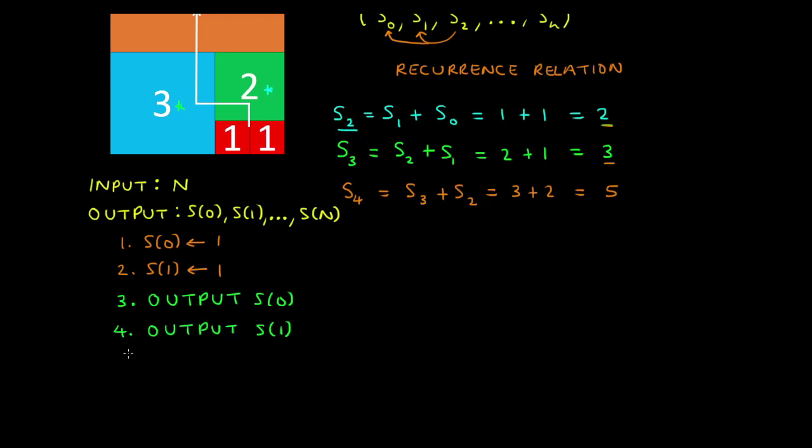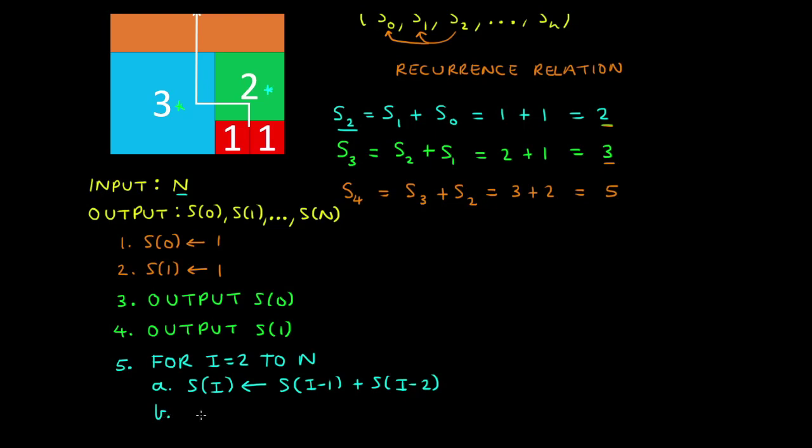And starting from S2, we use a for loop from I equals 2 to the number of terms in the sequence. So we have the current term in the sequence depends on the previous two terms in the sequence, which is Si minus 1 plus Si minus 2. And then we output each term in the sequence.